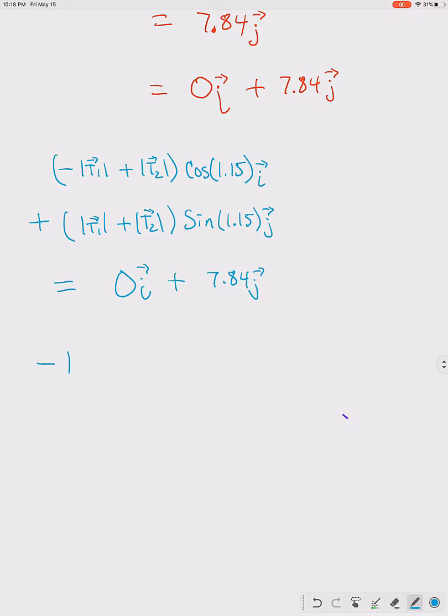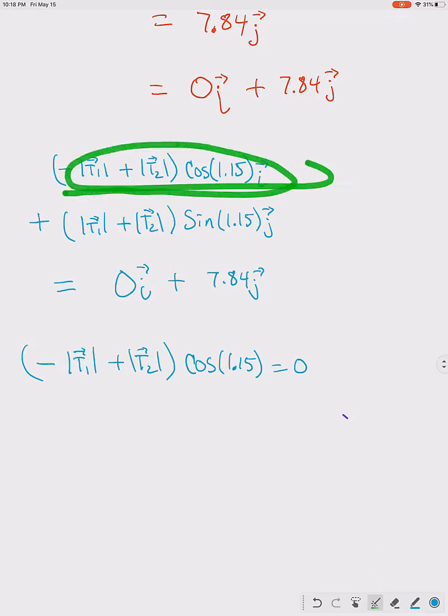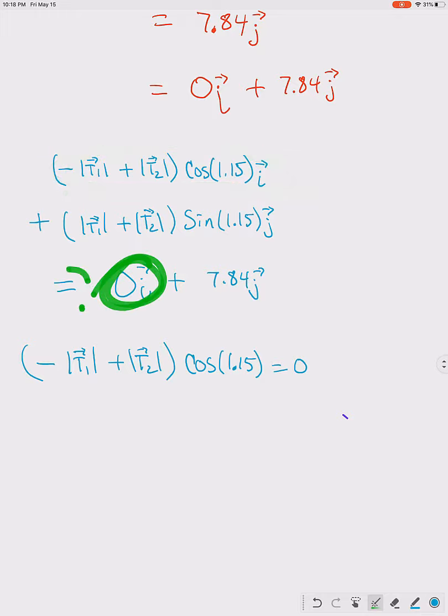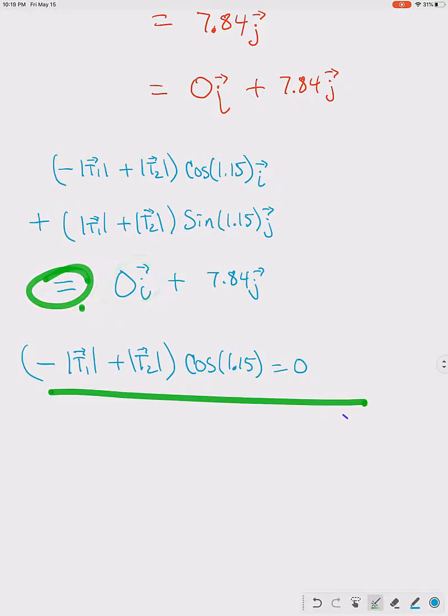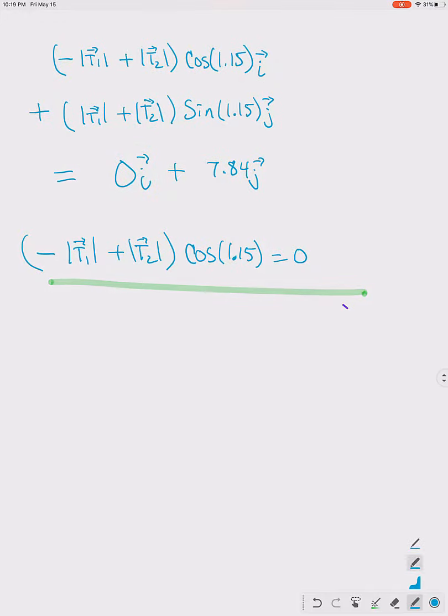So that means that minus the length of T1 plus the length of T2 times the cosine of 1.15 is equal to 0. And I'm getting that because this is the component of I, this is a component of I, they're equal, so that must be true.